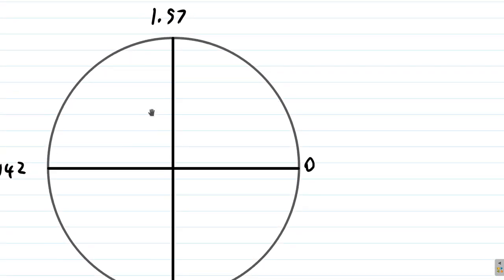Now 1.57 over 2 would be 0.785 here. And then 2.355 here.